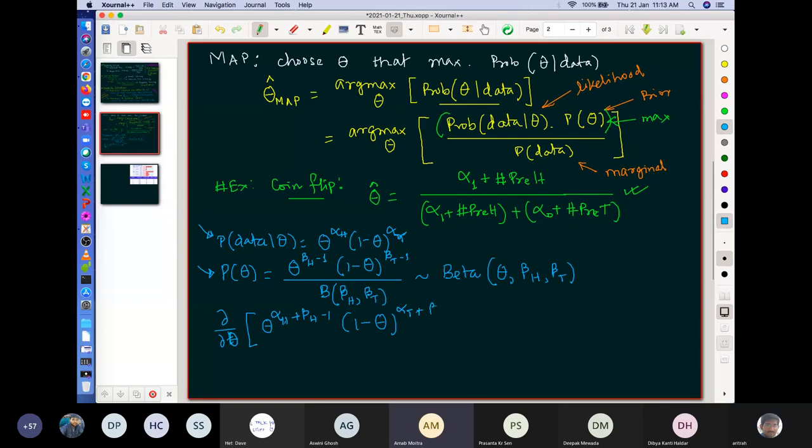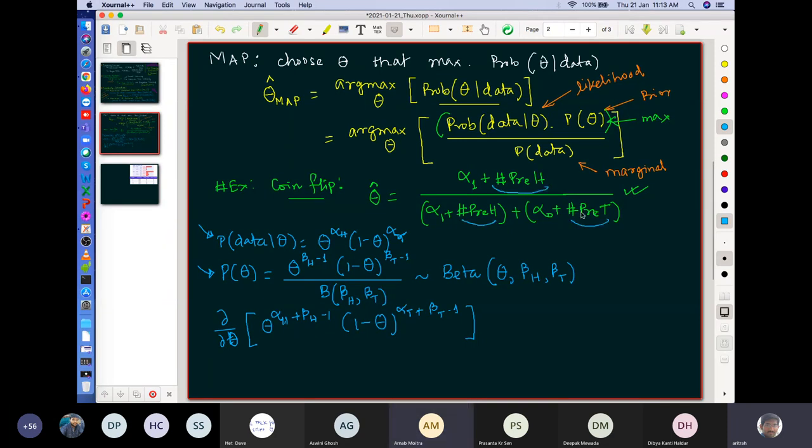Sir, prior means you are telling that we have some kind of knowledge that the distribution of heads and tails of the coin would follow this kind of thing. Yes, this kind of thing, but you do not know the exact bias. So you are assuming that such a distribution may follow as a prior. So see, what the prior will do, the prior will dominate these things.